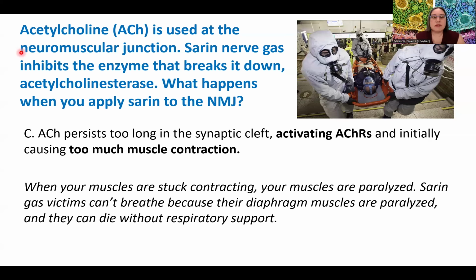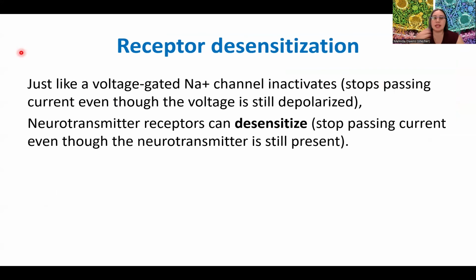The last way is receptor desensitization. So the previous two ways, diffusion and either enzymatic breakdown or reuptake, take the neurotransmitter away from the synaptic cleft. Receptor desensitization is different because the neurotransmitter is still in the synaptic cleft, but the receptor stops responding to it.